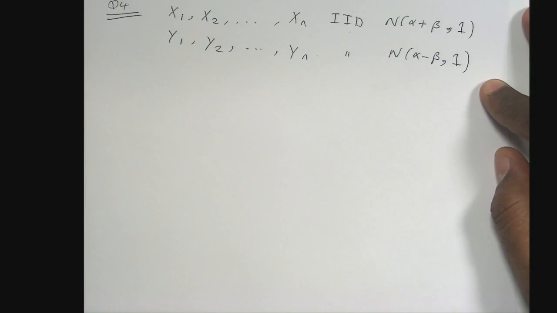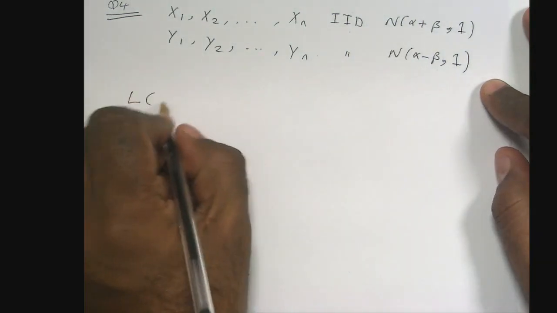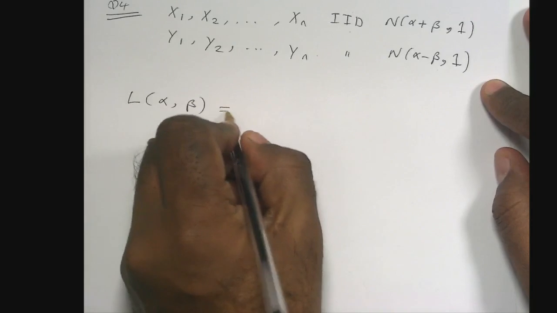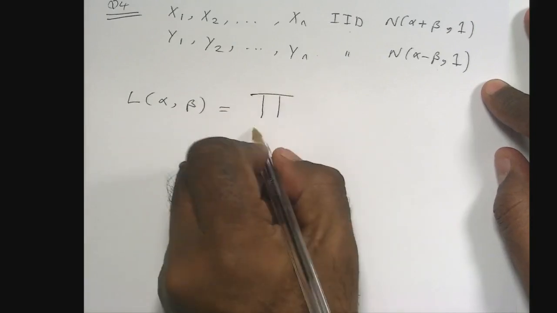There's another way you can do this question: write down the likelihood for alpha and beta as the product.